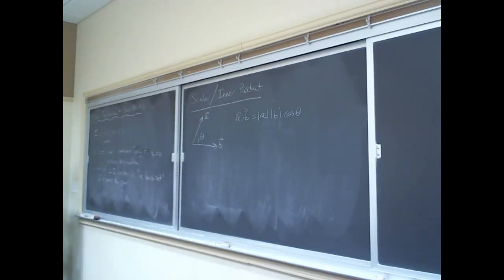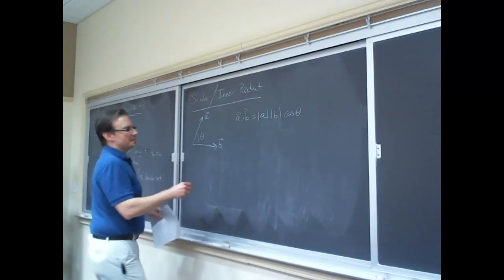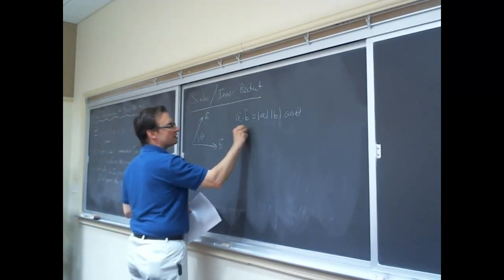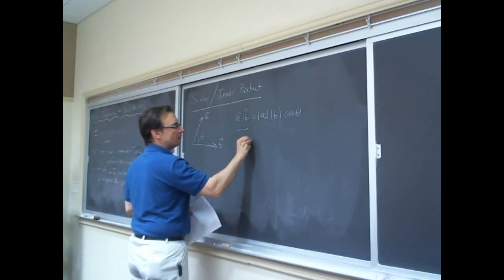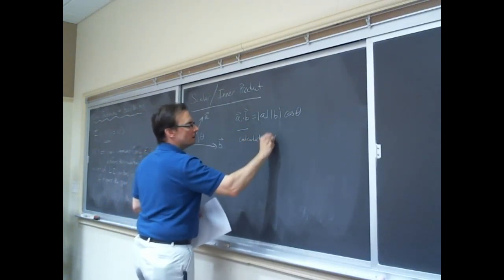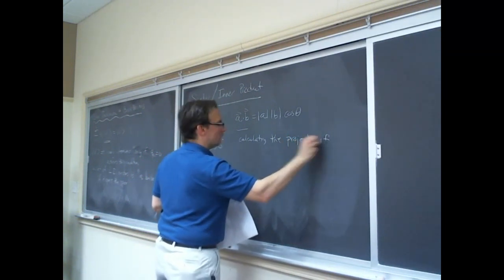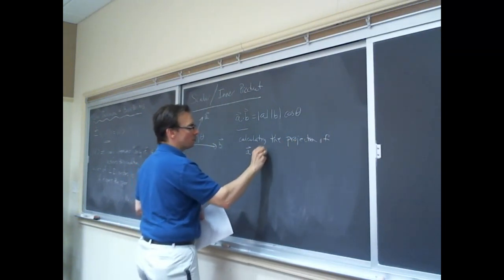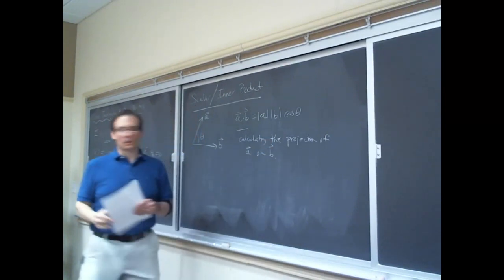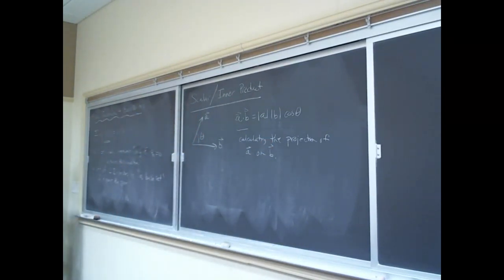Okay? So that's a space vector case. We want to generalize this. Basically what we're saying is we're calculating the projection of either A on B or B on A. Okay? So it's the component of A that lies along B.